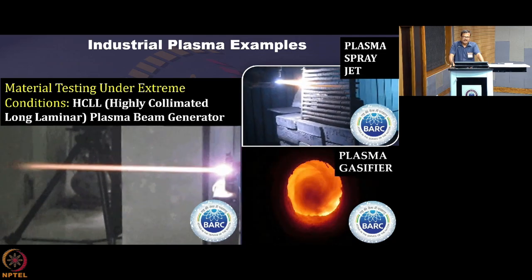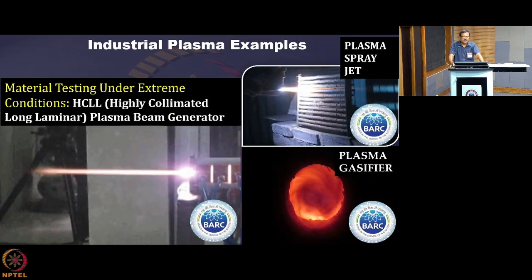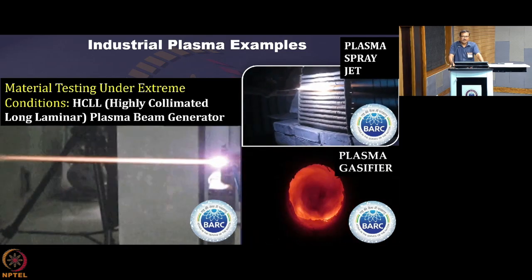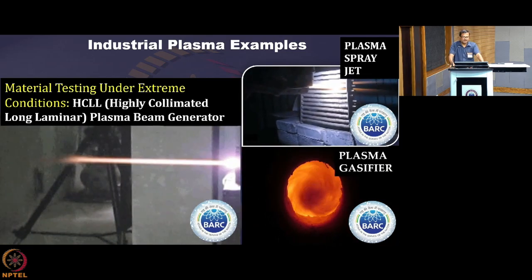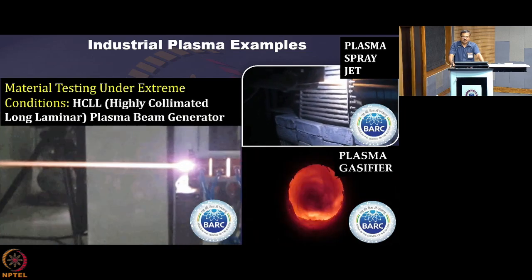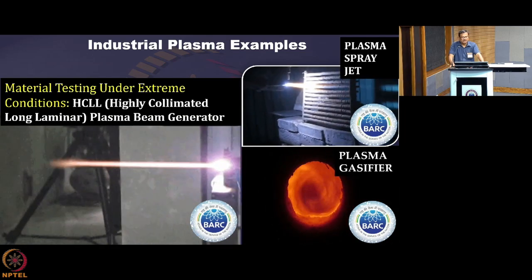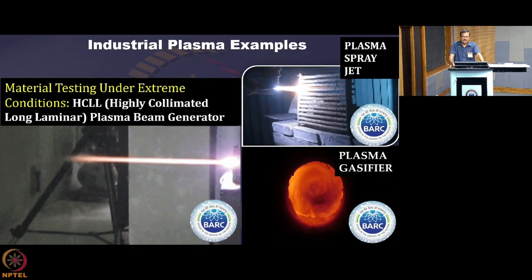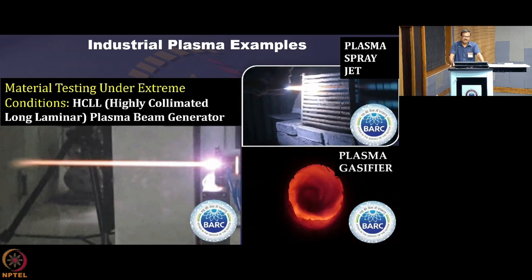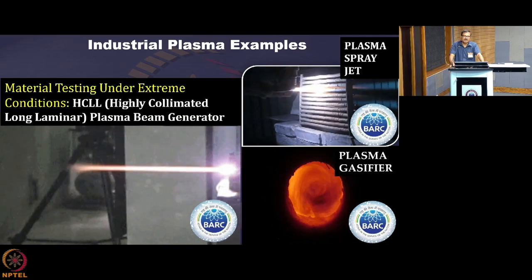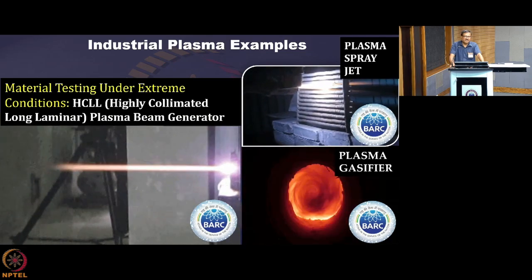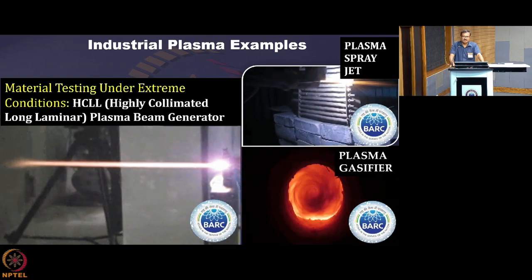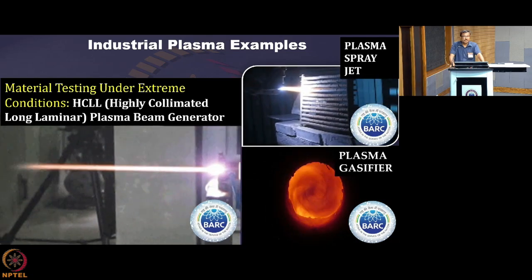But at the same time, these materials are extremely useful in environments which are extremely corrosive and reactive. Suppose you are using a container to hold some molten material which is extremely corrosive in nature. It will immediately attack the container, and the container material will contaminate the molten material. That is what we don't want.